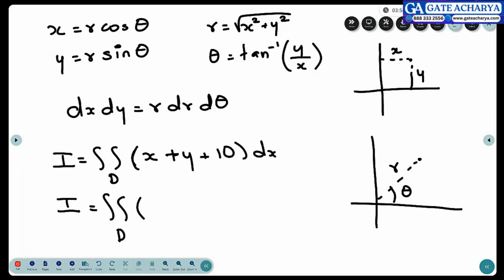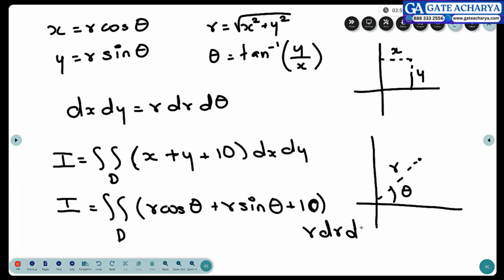I'm going to replace x by r cos theta plus r sin theta plus 10, into, this was dx dy. What is dx dy replaced as? r dr d theta.